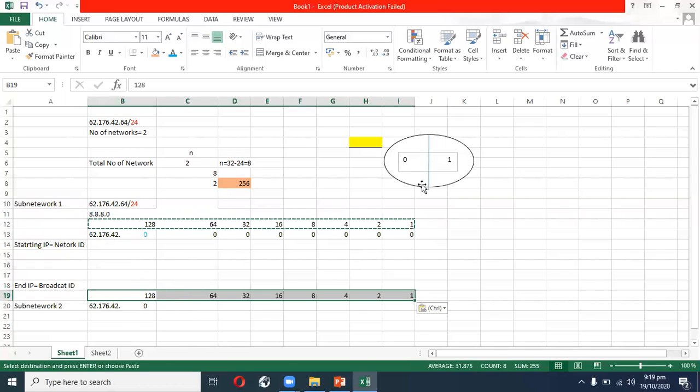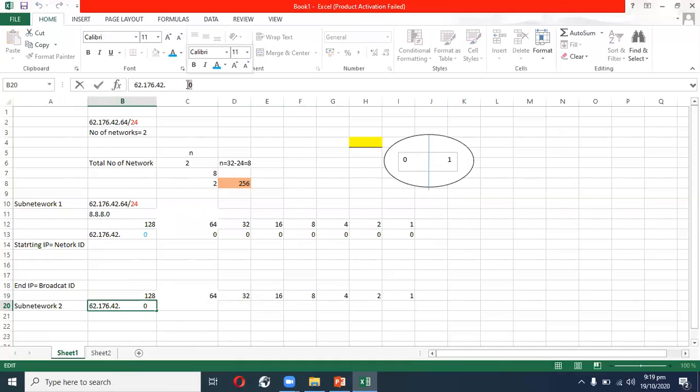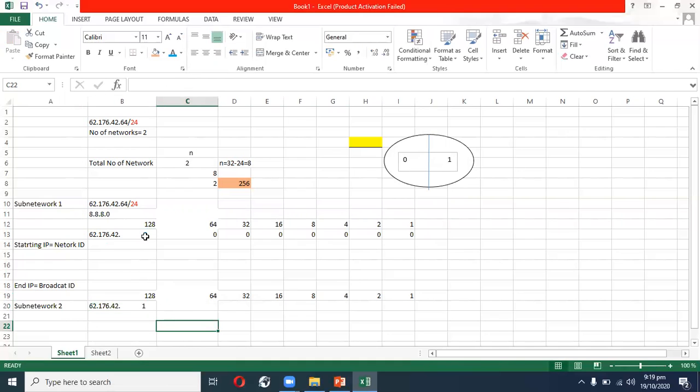But here, instead of 0, our bit is 1, so I will change 0 to 1. In subnetwork 1, the fixed bit is 0, and in subnetwork 2, the fixed bit is 1.